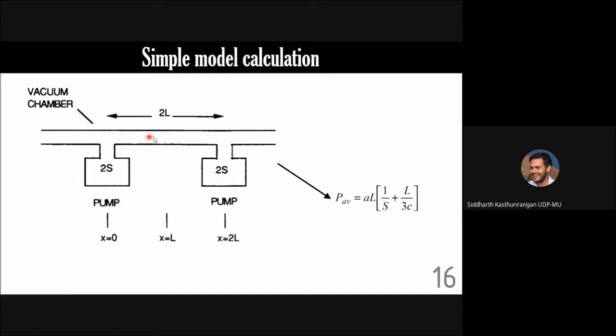So conductance is how well the gas can flow through this region. So you can see that the average pressure will be inversely proportional to the pumping speed. So the higher the pumping speed, the lower the average pressure, which is well understandable. The higher the conductance of the gas, the lower the pressure, which is again understandable. If the conductance is good, the gas will travel quickly and you will get better pumping.